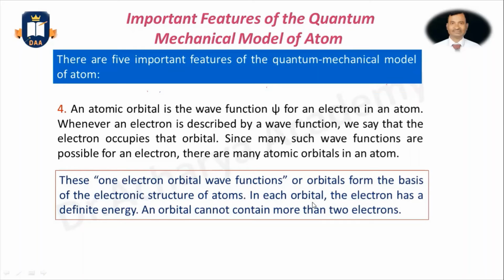In each orbital, the electron has a definite energy. Previously, I told that an electron in each orbital has quantized energy. And an orbital cannot contain more than 2 electrons. We have to remember that an orbital should have a maximum of 2 electrons, not more than that.